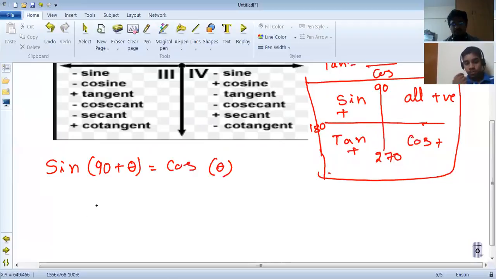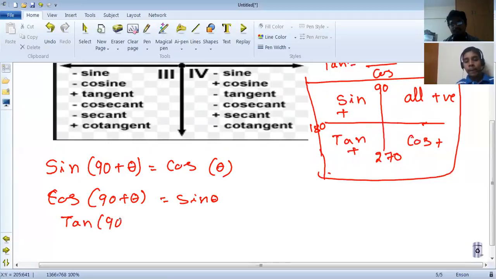Remember this one also, this is very important. Again, cos of 90 plus theta will become sine theta. Tan of 90 plus theta will become cot theta. So these three are important.